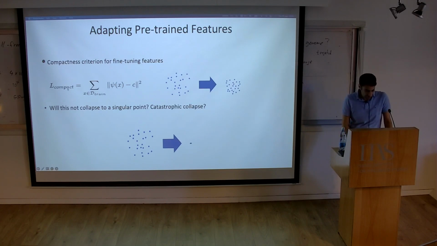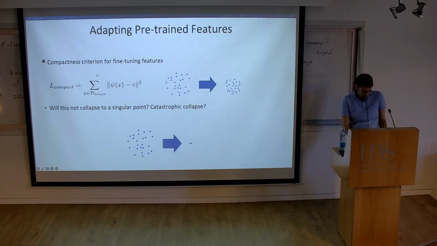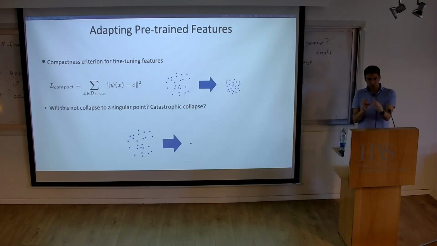One fairly common one is called the compactness loss, in which basically you can see the loss over here. Basically what we are trying to do is make the representations of all the normal data lie in as compact a region as possible, which mathematically means that for every normal training point, we would want its representation to be as close to the center, to some center point, as possible.